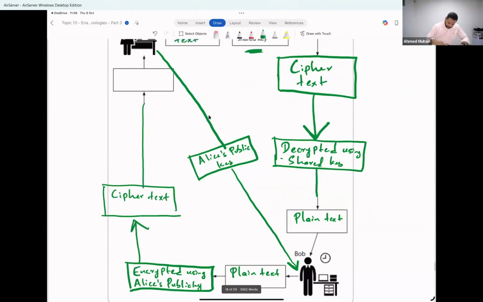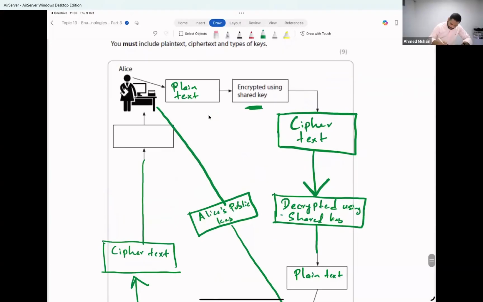What happens over here? Decrypted. What's happening over here?